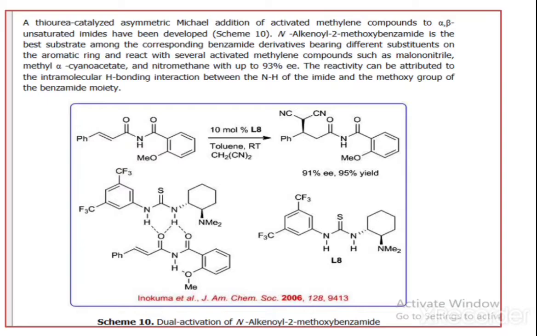That means scheme number 10, here the N-alkenoyl 2-methoxybenzamide is the best substrate among the corresponding benzamide derivatives bearing different substituents on the aromatic ring, and reacts with several activated methylene compounds such as malononitrile, methyl alpha-cyanoacetate, and nitromethane.